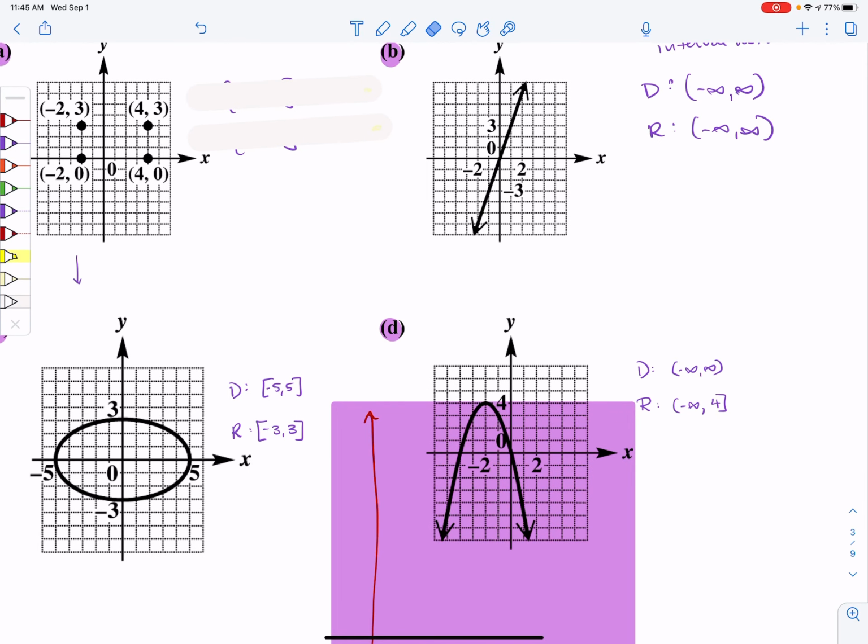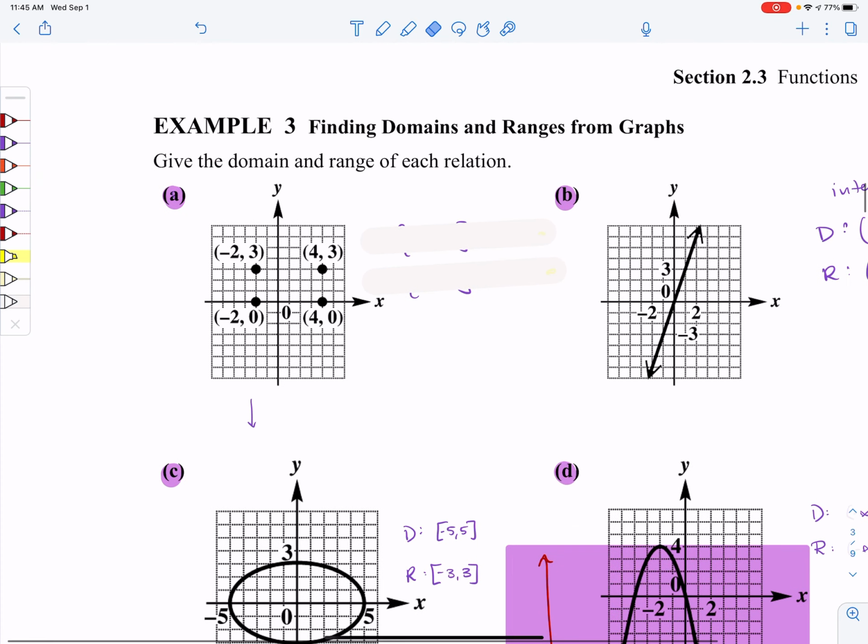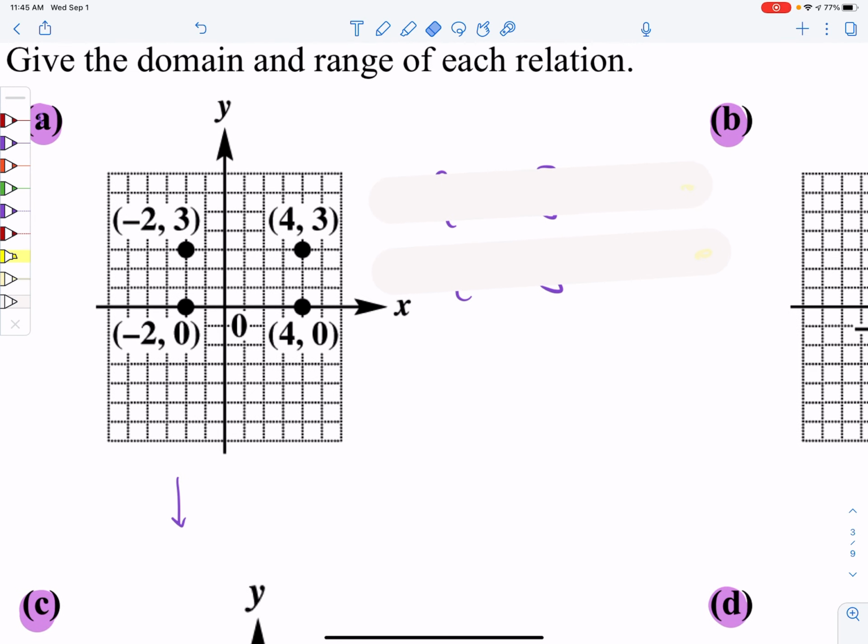Notice that for all 3 of these, in my domain and range, I used interval notation because there were an infinite number of values in the domain and an infinite number of values in the range. However, when I look at part A, notice that my domain, again, these are x values, I'm only using a -2 x value and a 4 x value.